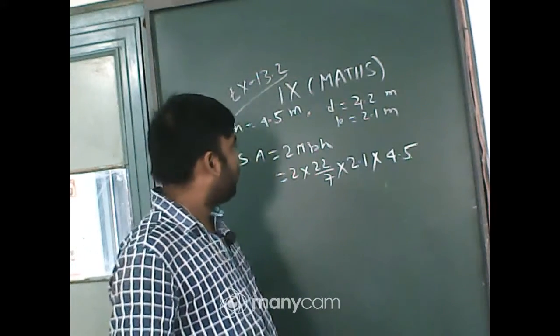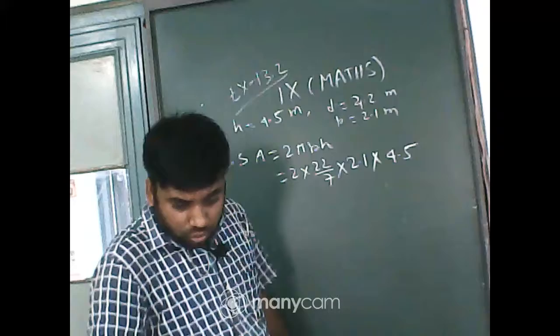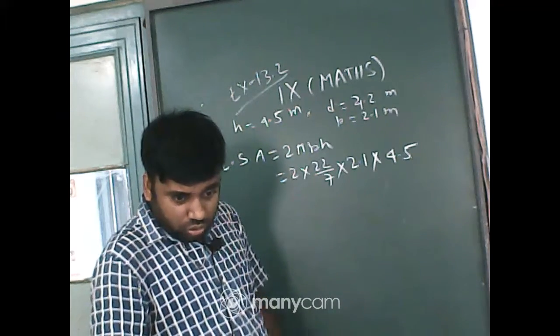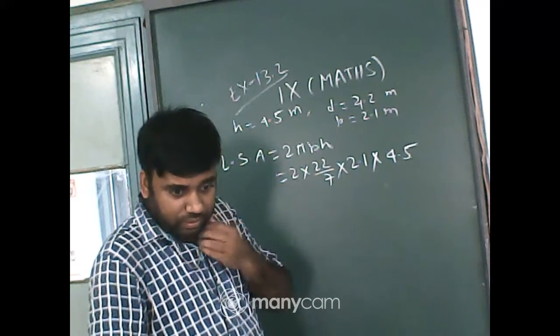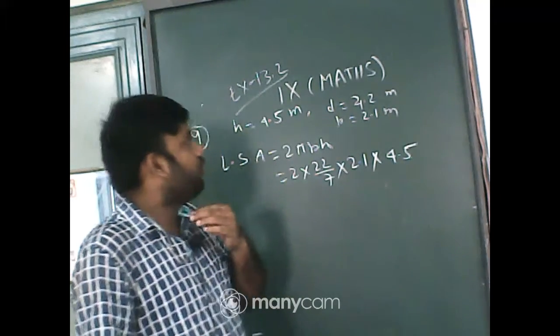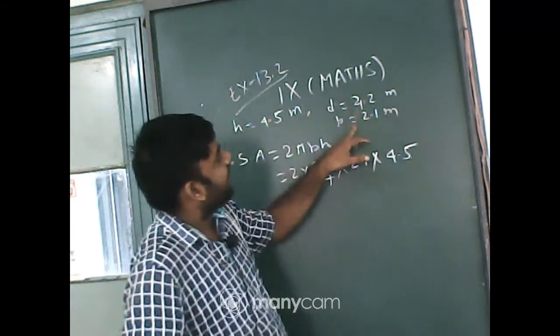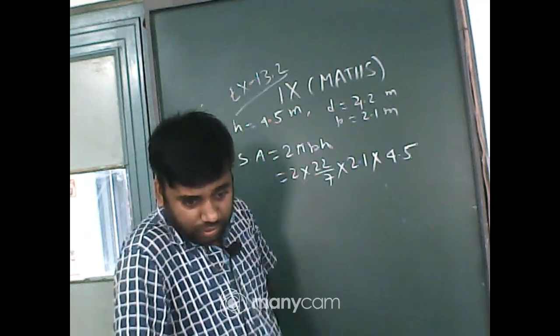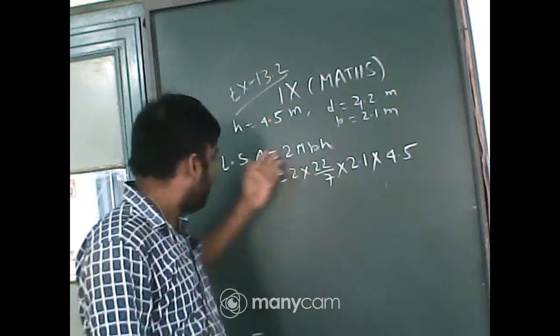Sir, it is 4.2. Which one is 4.2? Diameter 4.2 meter, radius 2.1 meter. That's why I am finding LSA.